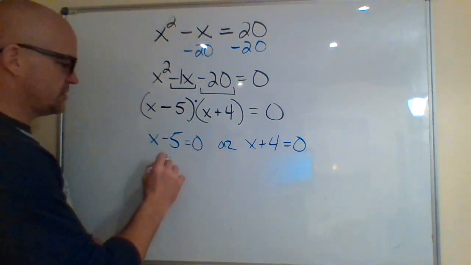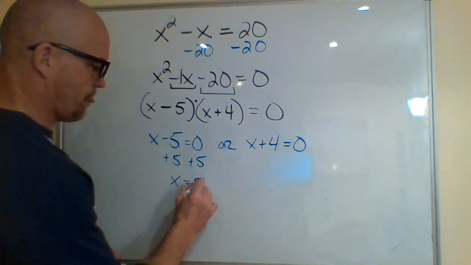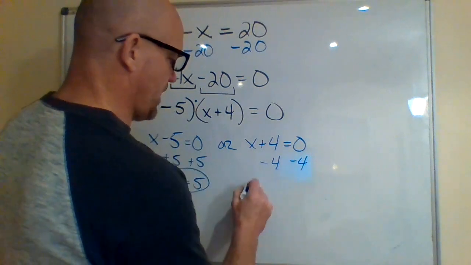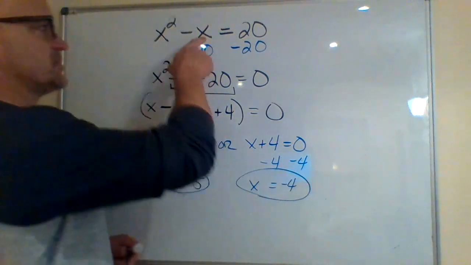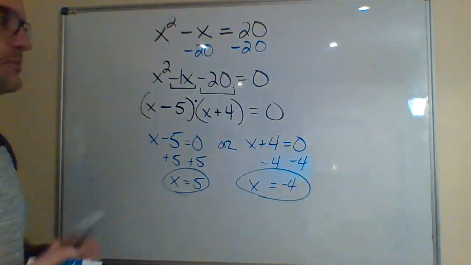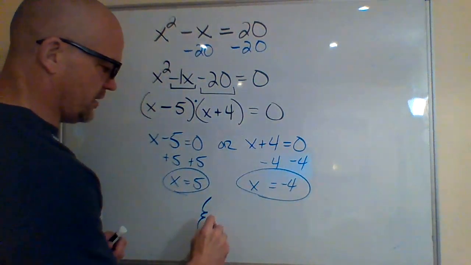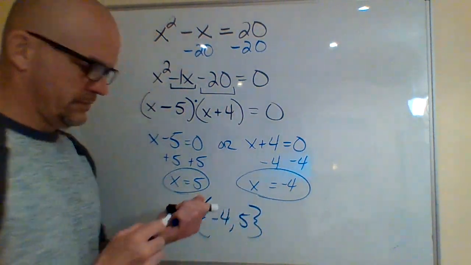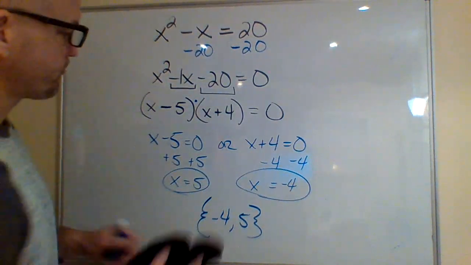Solving both of those very easily, I'm going to have x equals 5, or solving this one, I'm going to have x equals negative 4. Those are the two values of x that when put into that equation will make it work. Putting those in a solution set in ascending order, negative 4, 5. Easy stuff, huh? Let's do another.